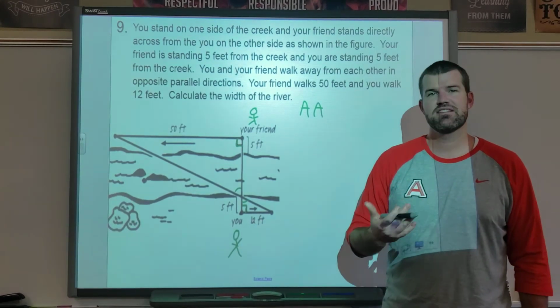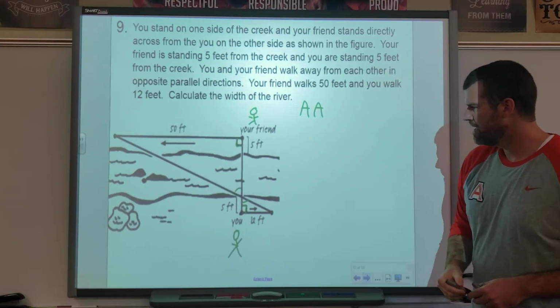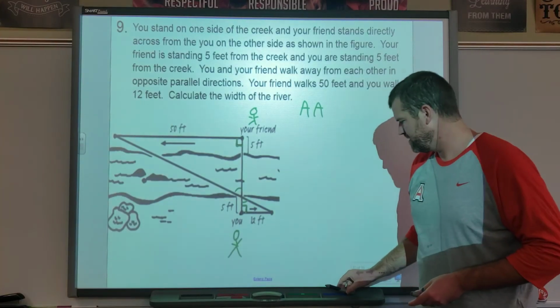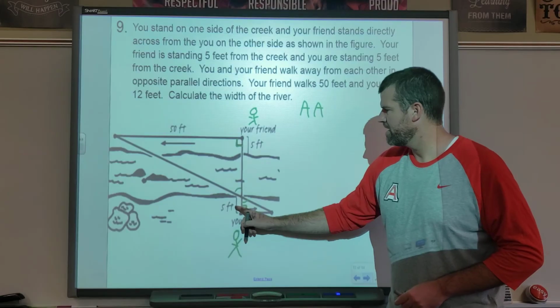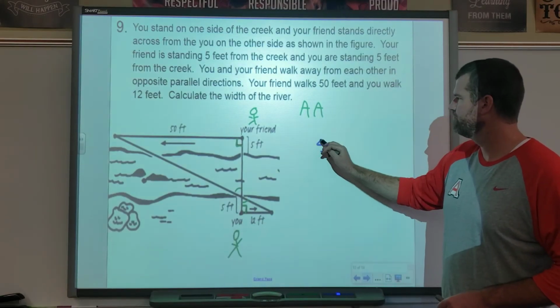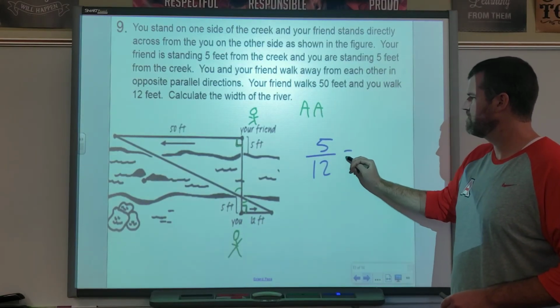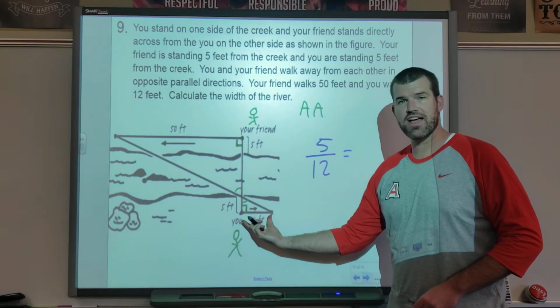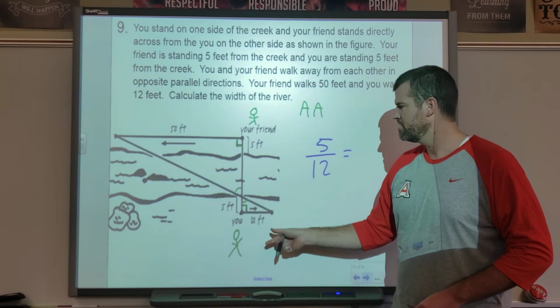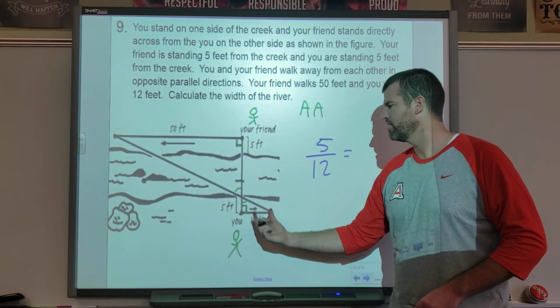So we know we have similar triangles. And so now when I go to write my proportion, I might do something like 5 over 12. So in my triangle, that was the short side over the longer side, right? Not the hypotenuse though. So short leg over long leg.